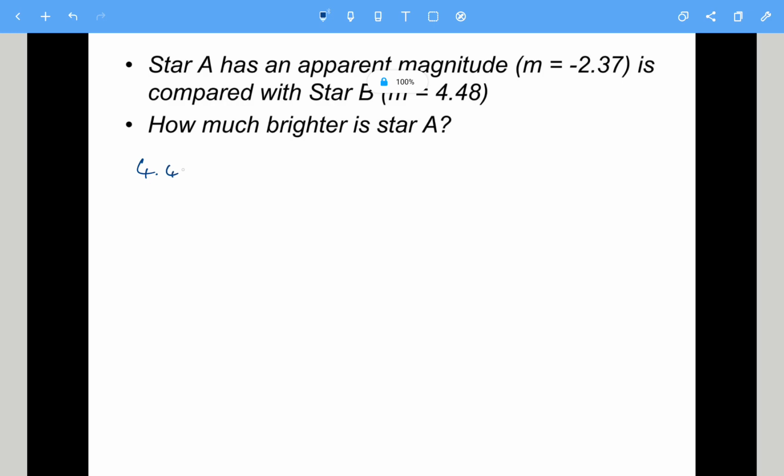So it's going to be 4.48 minus minus 2.37, which gives us a difference of 6.85. And then to get the brightness, we need to use Pogson's law. So 2.5 to the power of 6.85, which is an absolutely massive 532 times brighter.